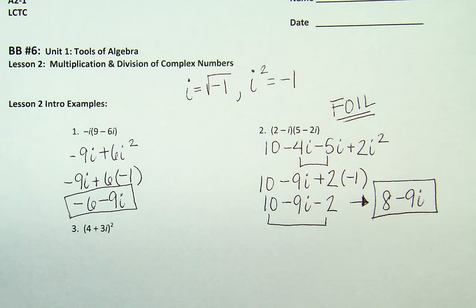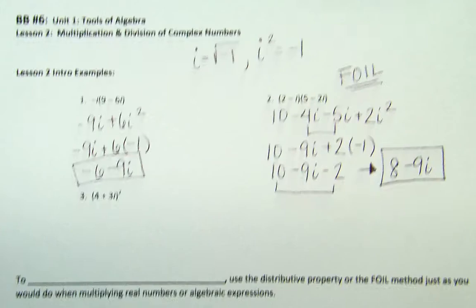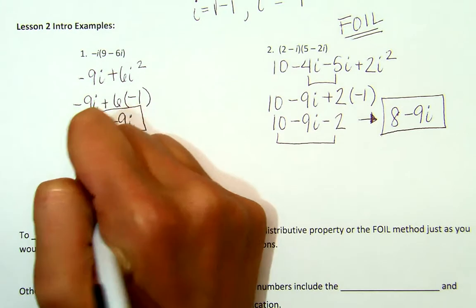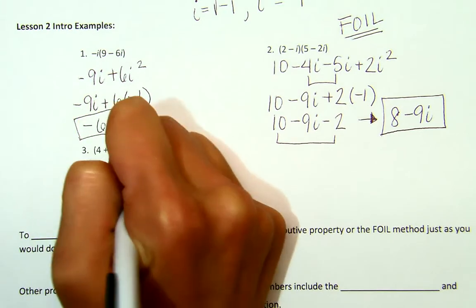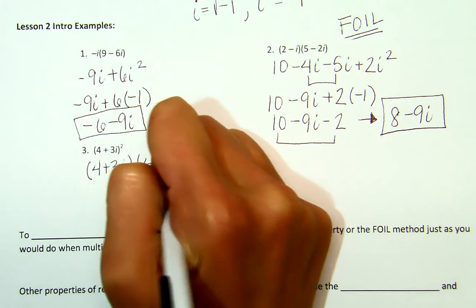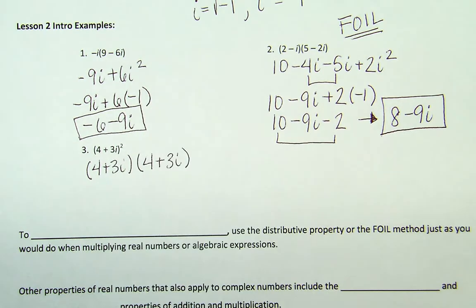In number 3, we have 4 plus 3i squared. So in this case, we can expand to get 4 plus 3i times the quantity 4 plus 3i. Again, we're looking at a very similar problem as we did in example 2, so we can FOIL.